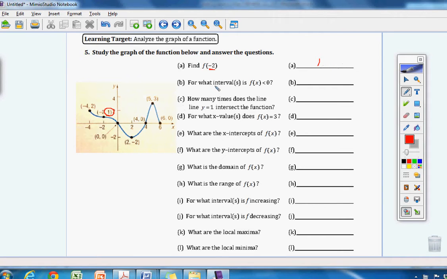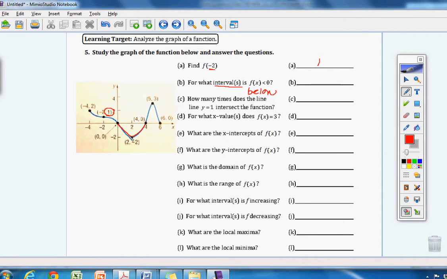For what intervals is my function less than 0? So this is saying, where is my function below the x-axis? Taking a look, this entire section of my function is all below, or all of my f of x, which is my y values, would be negative, less than 0.